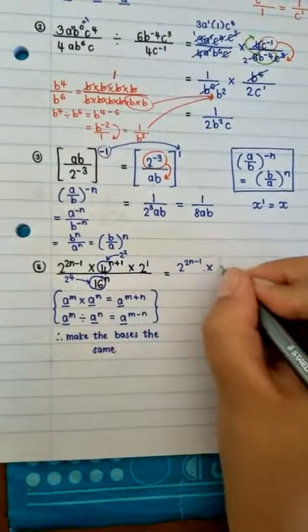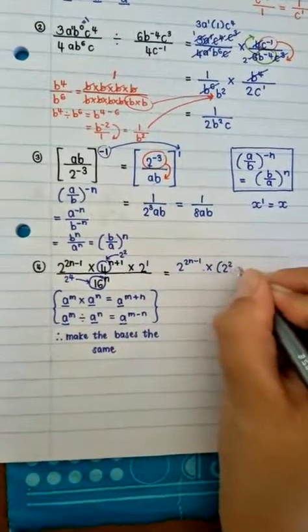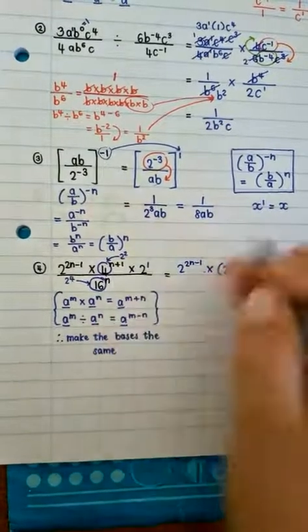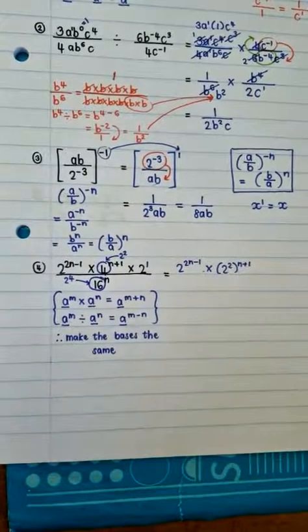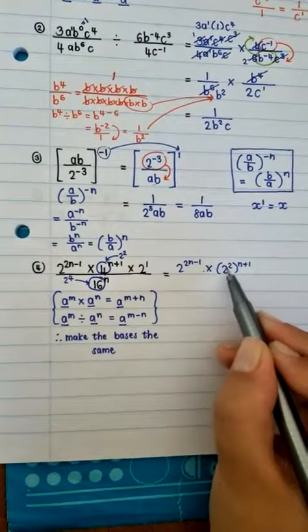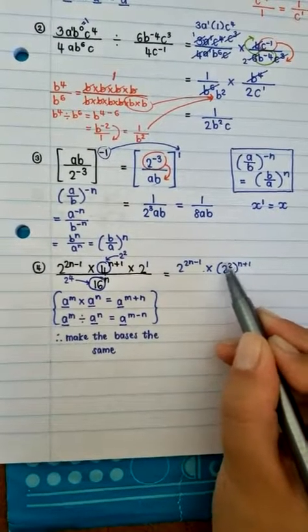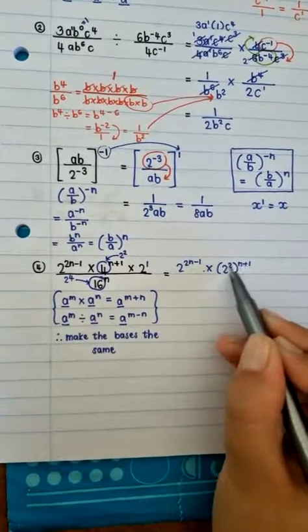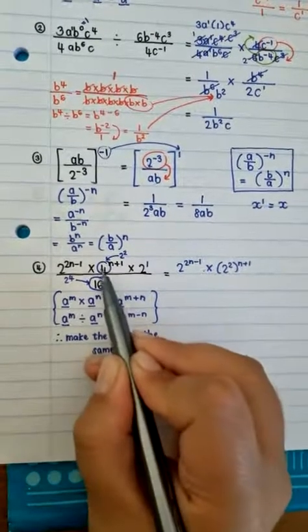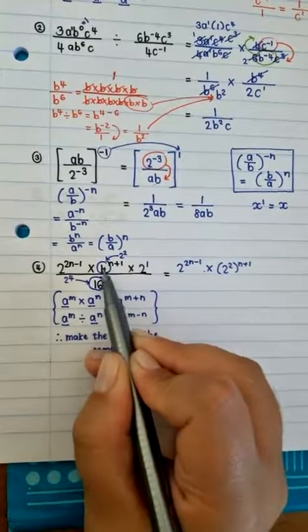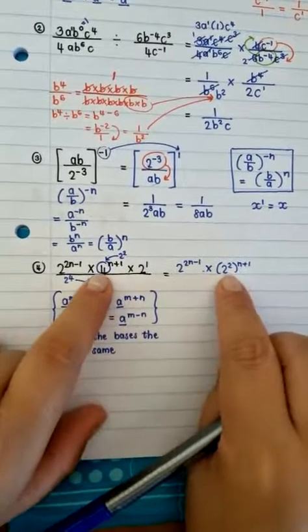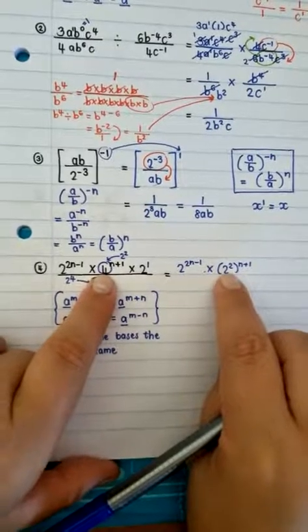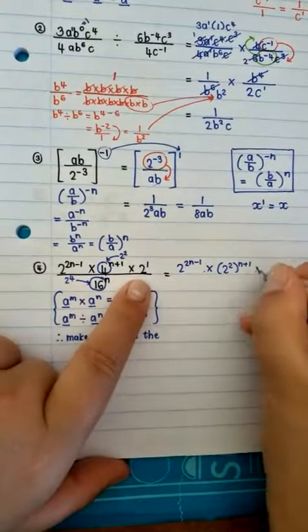Now this 4, I'm going to put it in brackets because 4 is 2 squared, but that whole 4 was to the power of n plus 1. So I'm going to put the 2 squared in brackets so that I remember that this whole thing is to the power of n plus 1, because 4 was to the power of n plus 1. All right, and 4 is 2 squared. So look, I've just replaced my 4 with 2 squared. For the next one, times 2 to the 1.